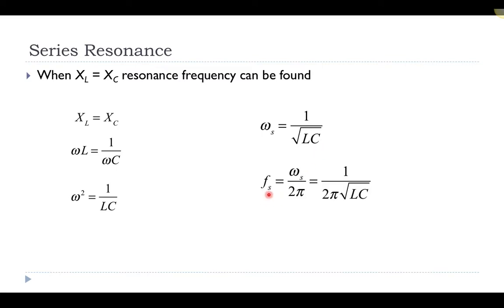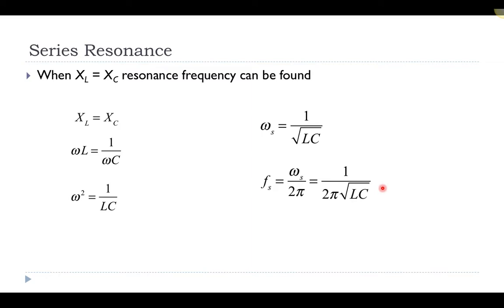Then I can figure out the actual frequency in hertz by taking the angular frequency and dividing by 2 pi. And so I get an expression for what that frequency would have to be. If you had a circuit with an inductor, a capacitor, and a resistor in it, you could adjust the frequency of the source until it exactly matched this value, 1 over 2 pi square root of LC.